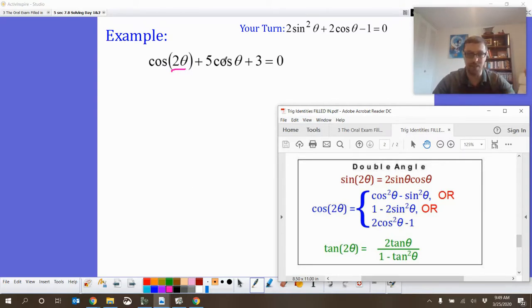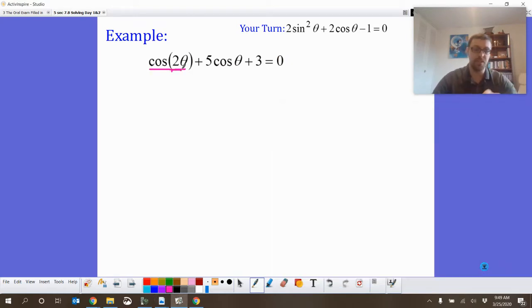That's not going to be a good option either. But if I do the last option, I'll have a cosine squared and a cosine. That's going to be a good option. So I'll have all cosines. It will be able to factor. It's going to be great. So I'm going to do the 2 cosine squared theta minus 1 to replace this piece right here.